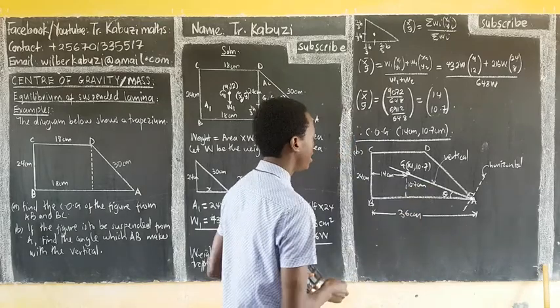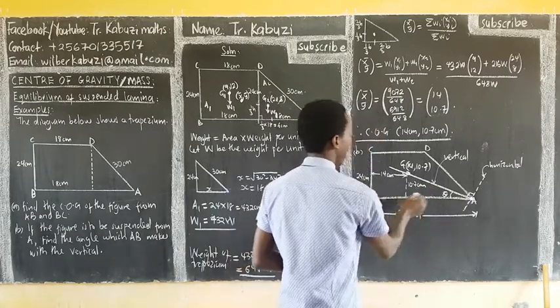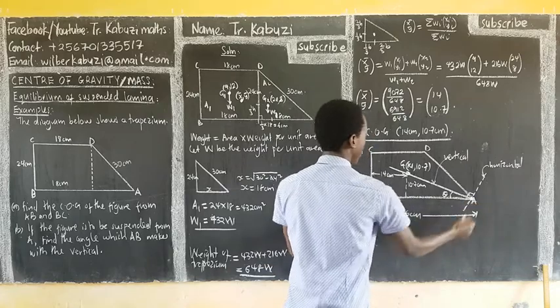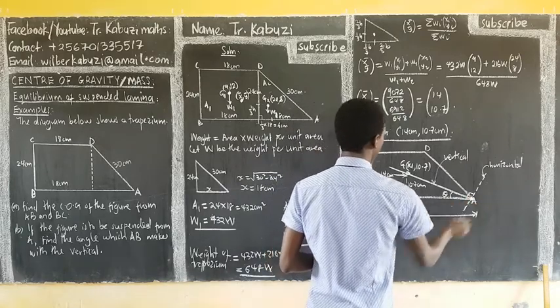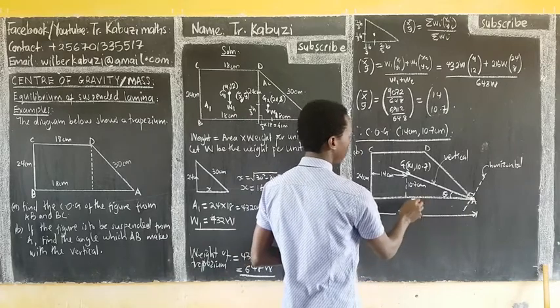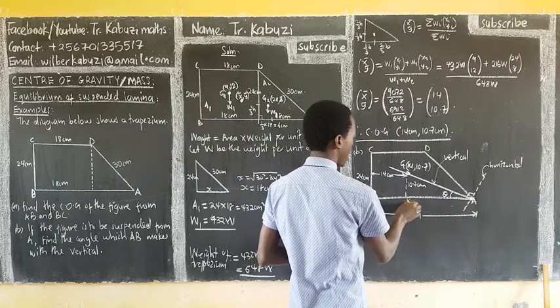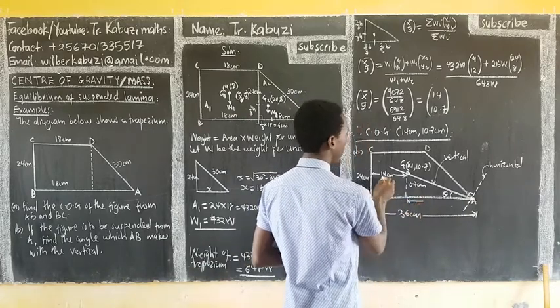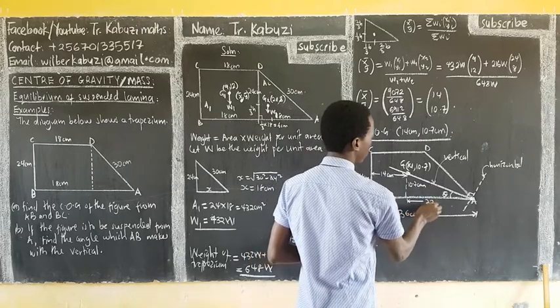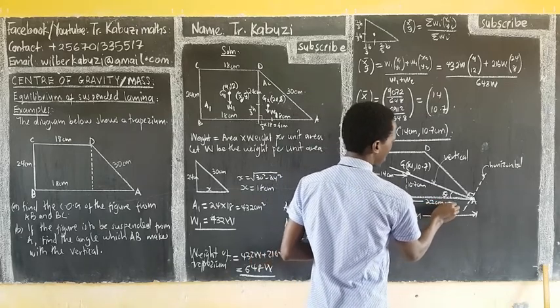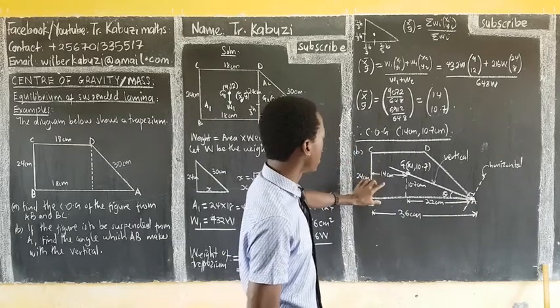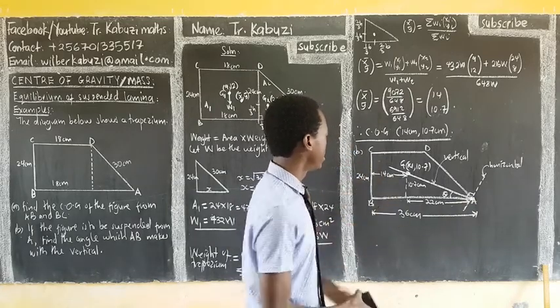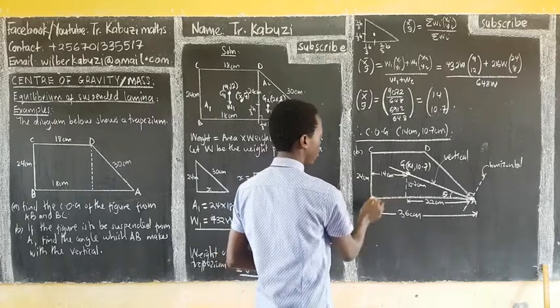What does it mean? I need now to get the distance from here up to here. So from here up to here is 36. From here up to here is 14, meaning I can get from here up to here, and that is going to be 22 centimeters. Because I'm saying from here up to here is 14, this is going to be the same.